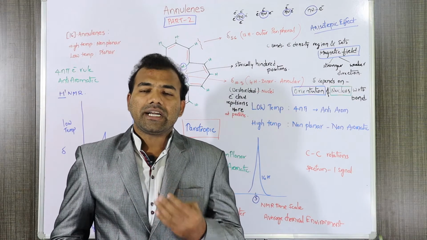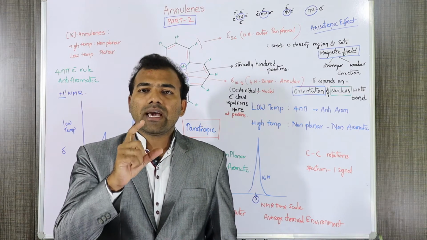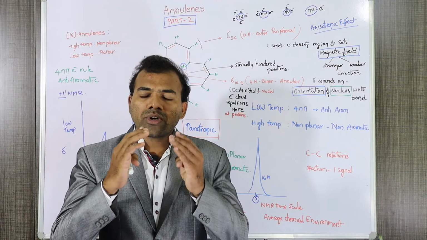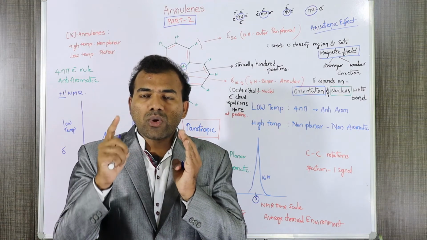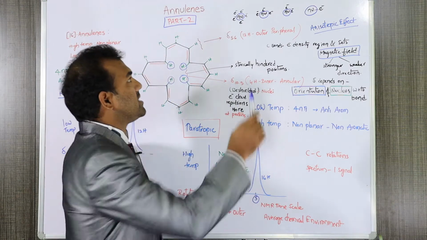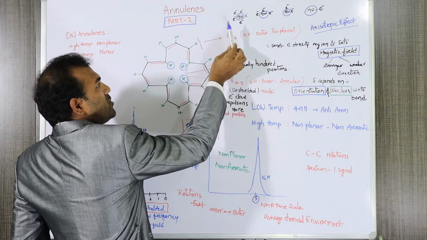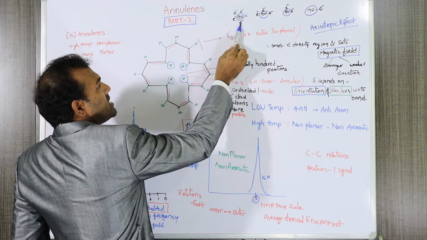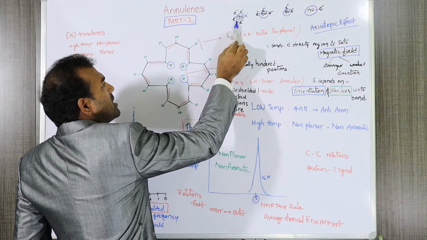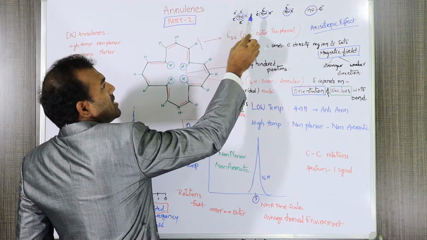What is shielded? What is deshielded? We know that around the nuclei there are electrons. If the electron density around the nucleus is more, then we call it a shielded nucleus. Like this, if you see, around this nucleus there are many electrons, so it is called a shielded nucleus.